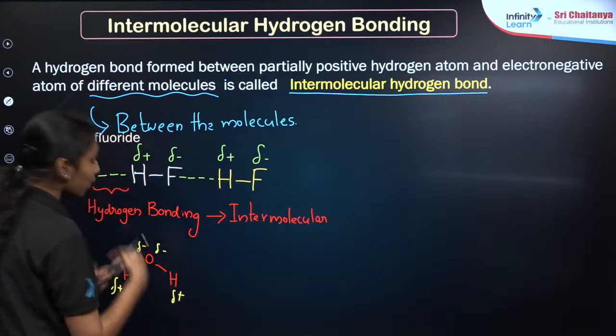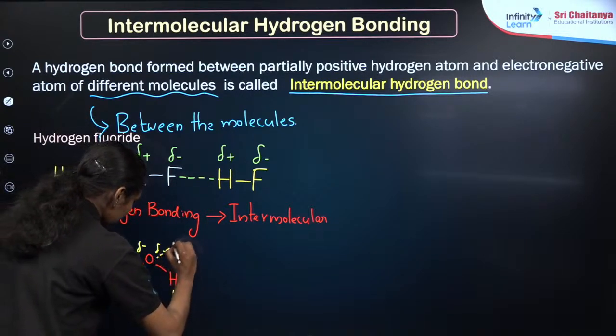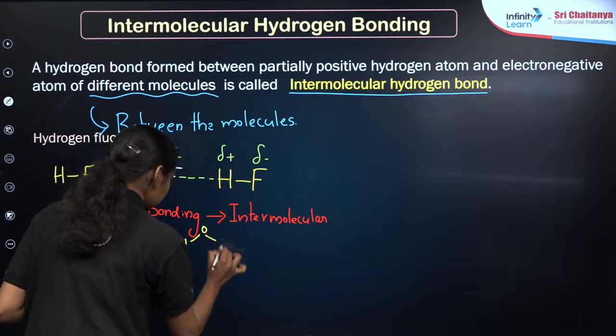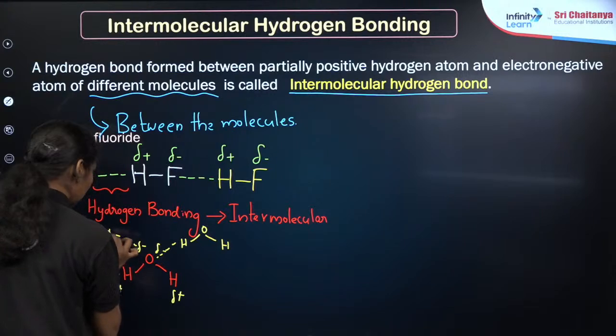Whenever I take a few more water molecules, it will form a hydrogen bond towards one of the water molecules, and here also it will form a hydrogen bond with another water molecule.